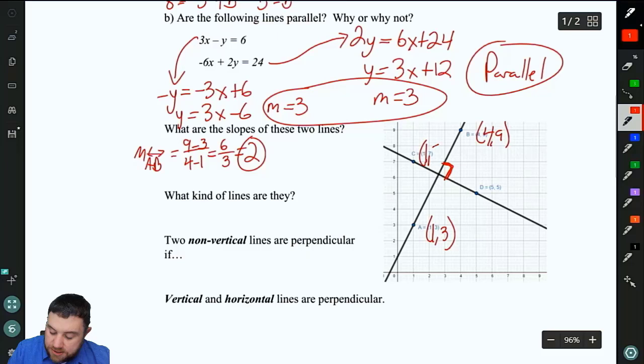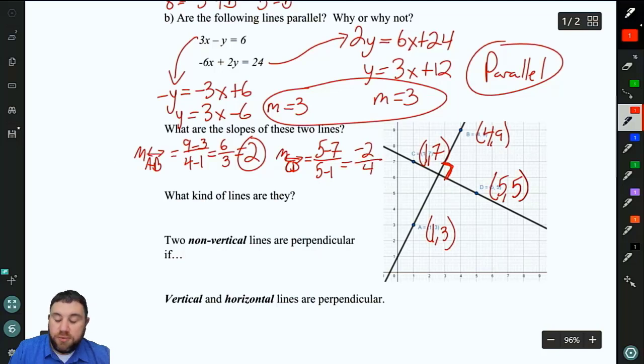For CD, C is (1, 7), D is (5, 5). So the slope of CD in this example is going to be (5 minus 7) over (5 minus 1). That will be negative 2 over 4. When we reduce that, that gives us negative 1/2.